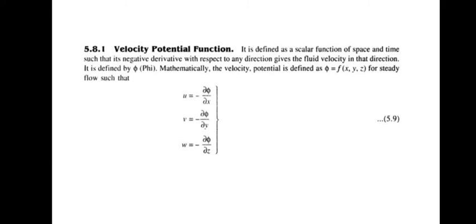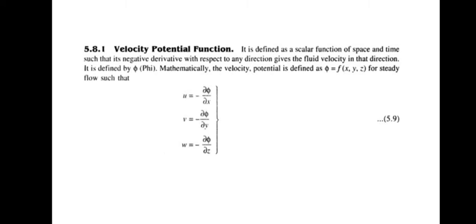now we'll see the velocity potential function. What is it? It is defined as a scalar function of space and time such that its negative derivative with respect to any direction gives the fluid velocity in that direction. It is denoted by the letter phi.